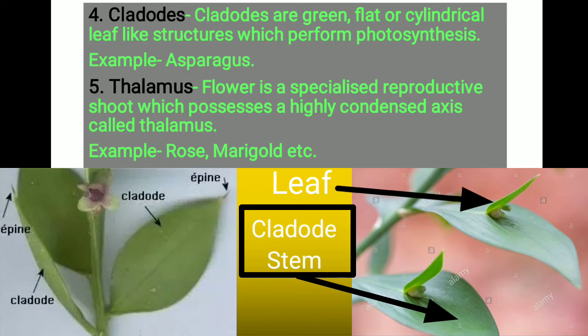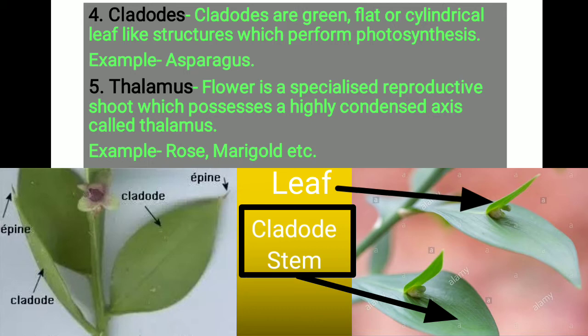Asparagus, in some countries it is used as a vegetable, and sometimes it is also used as an ornamental plant. Also, it is a very important medicinal plant. So this asparagus, in Assamese it is called as hotomul.